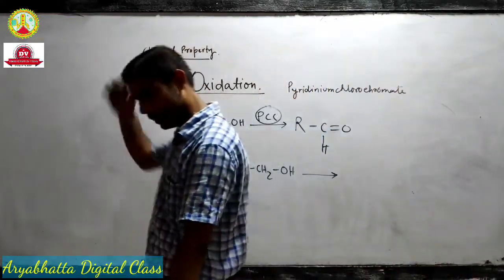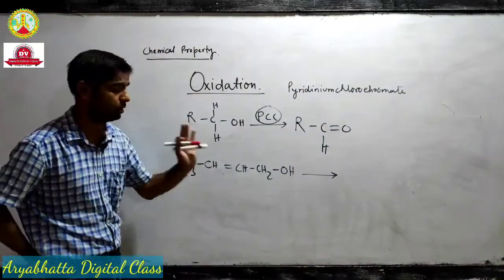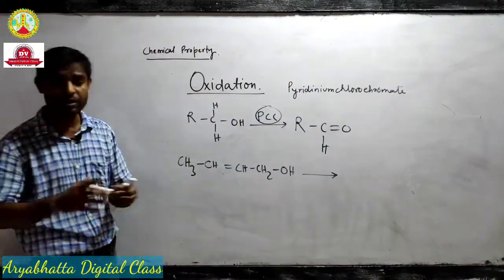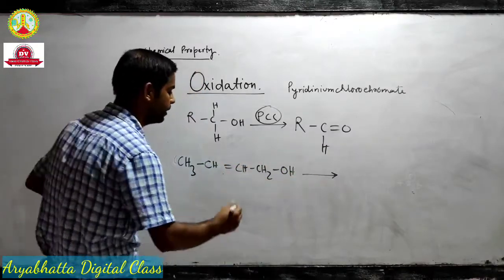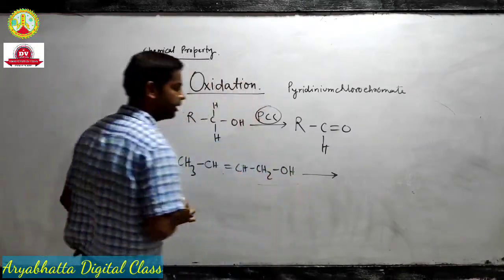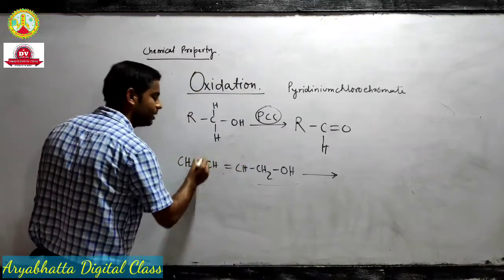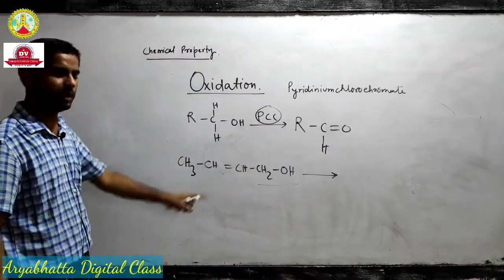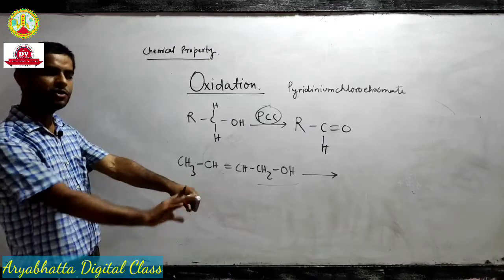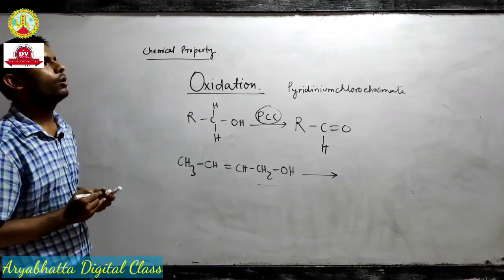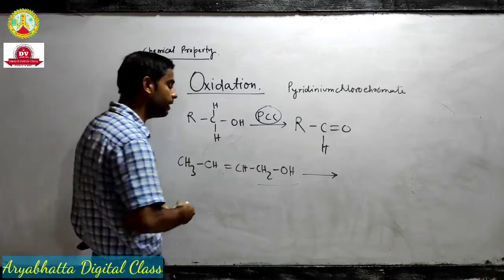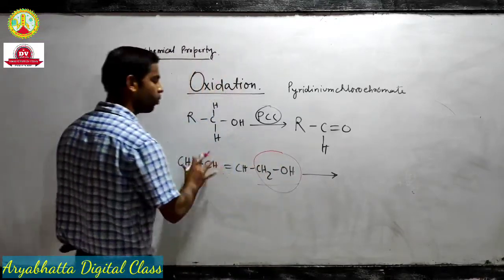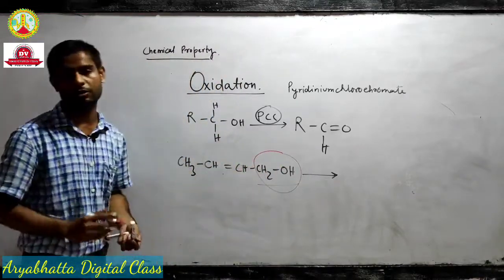So what is the problem? The problem is that if I use a normal oxidizing agent, it will oxidize this part, but it will oxidize this part as well. So the double bond will change, but I want the oxidation to take place selectively here only. I don't want this part to get changed.